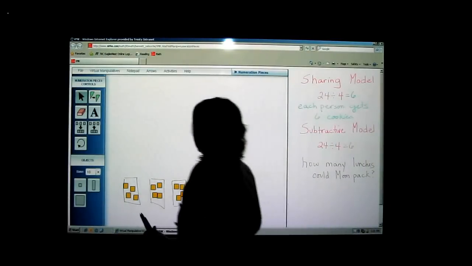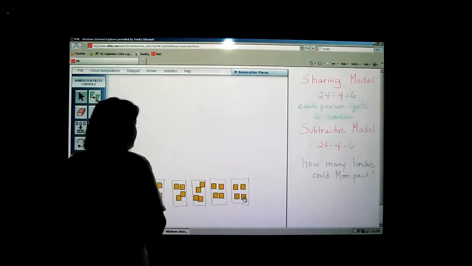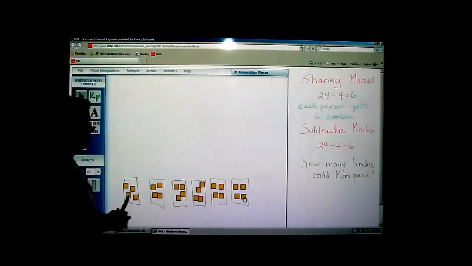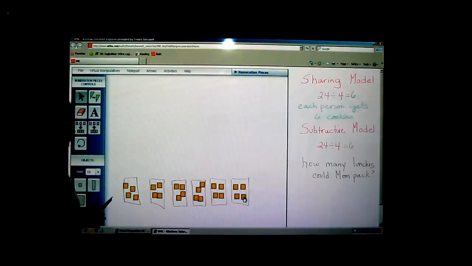So we've got 6 lunches. And if I put 4 cookies in every lunch, she can pack 6. Right? Now, let's just think for a minute about remainders in both of these models.